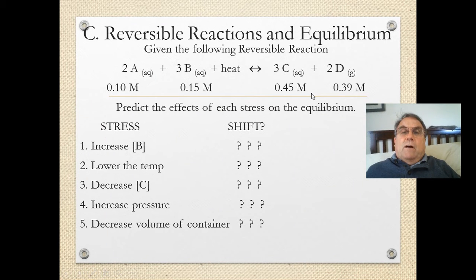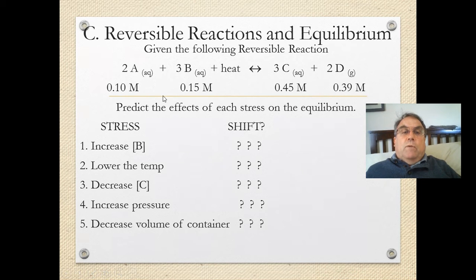So what we're going to be talking about is something called equilibrium position and equilibrium constants, both of which allow us to quantify the direction of the equilibrium.